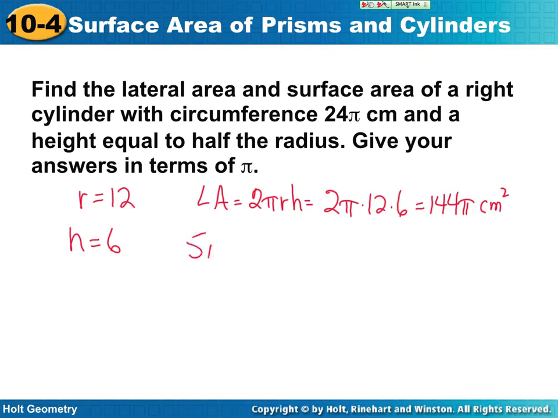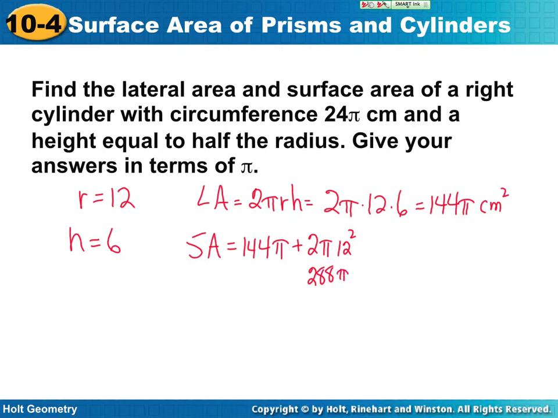And surface area would be that plus 2 pi r squared. Radius we said was 12, so we'll put a 12 in there. 12 squared is 144 times 2.